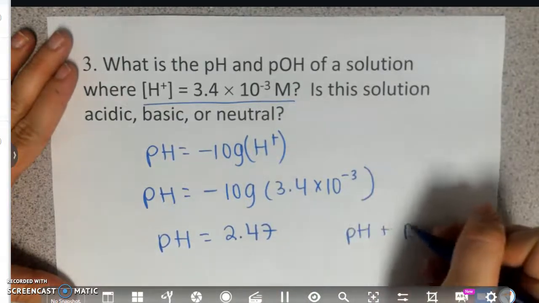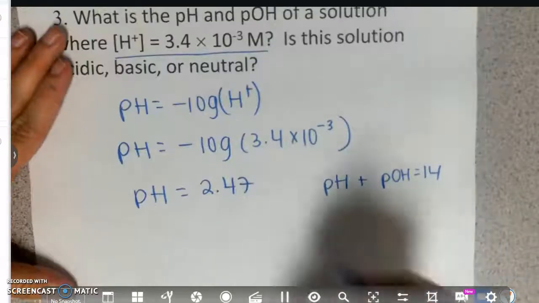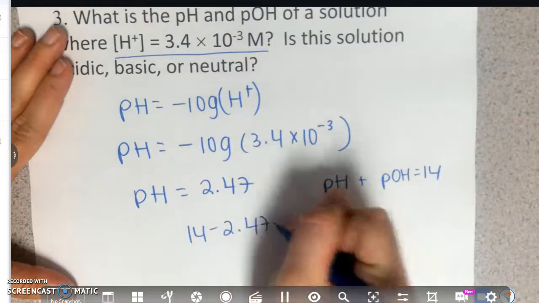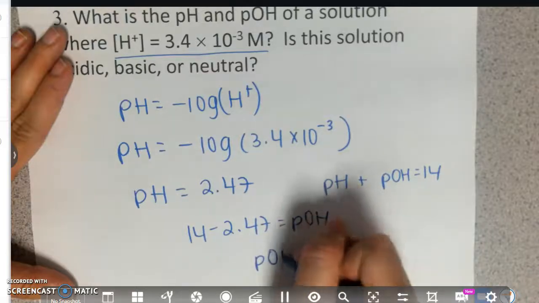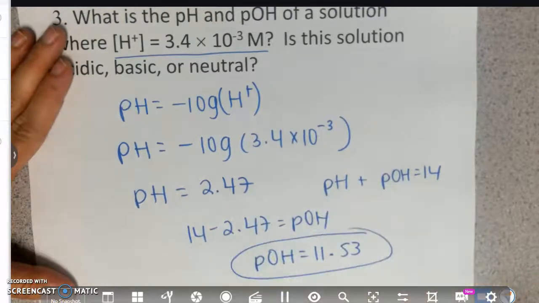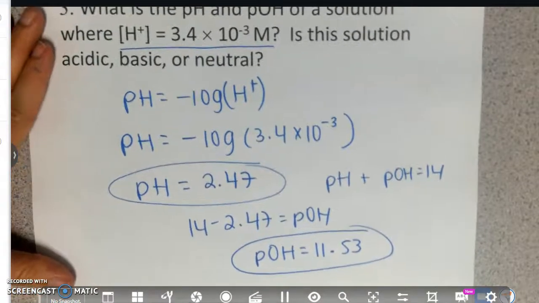And then to solve for my pOH, pH plus pOH equal 14. So 14 minus 2.47 will equal my pOH. My pOH equals 11.53. So there's my second answer. This is my first answer. And then the question, is this acidic, basic, or neutral?